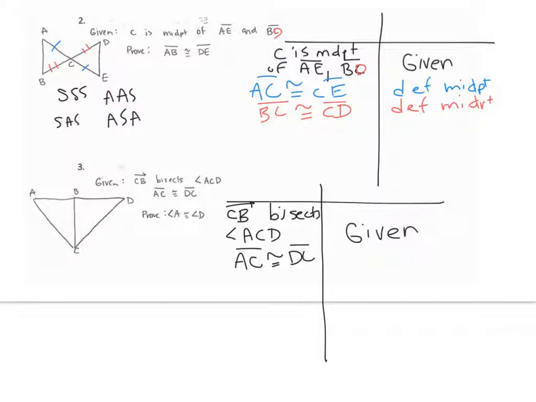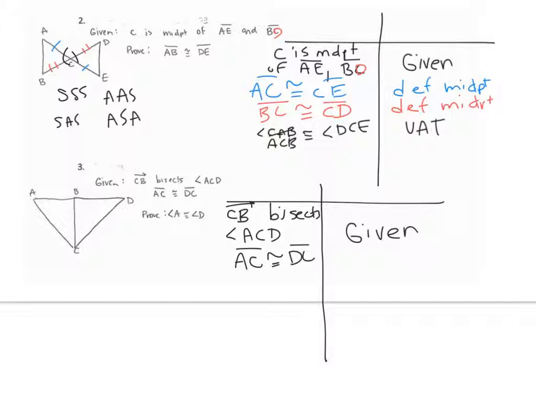Remember, I need to have side, side, side, side, angle, side, angle, angle, side, or angle, side, angle. But I have that these two angles are vertical, so instead of writing angle C, I need to write angle ACB is congruent to DCE by the vertical angle theorem. So I have enough now to say these two triangles are congruent by side, angle, side.